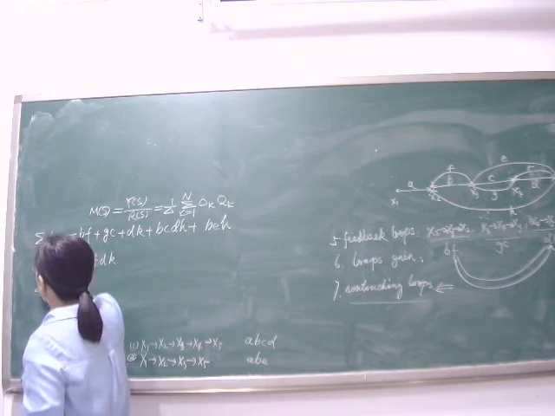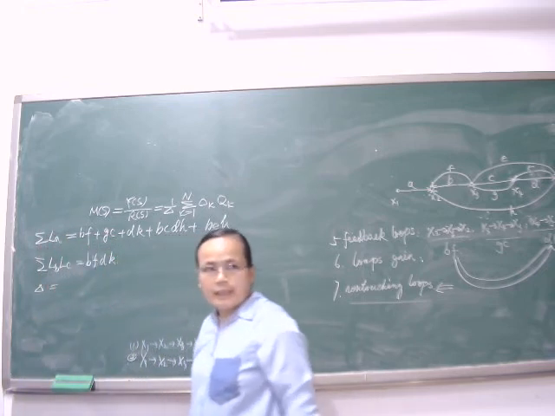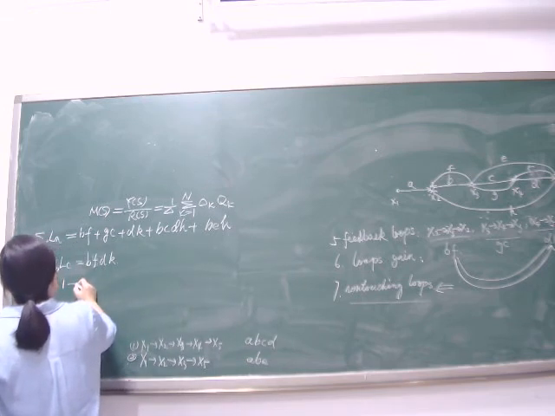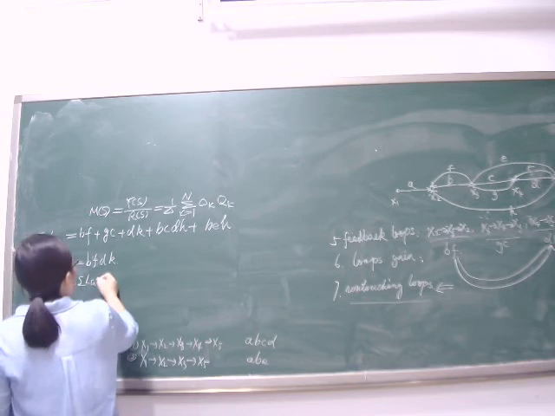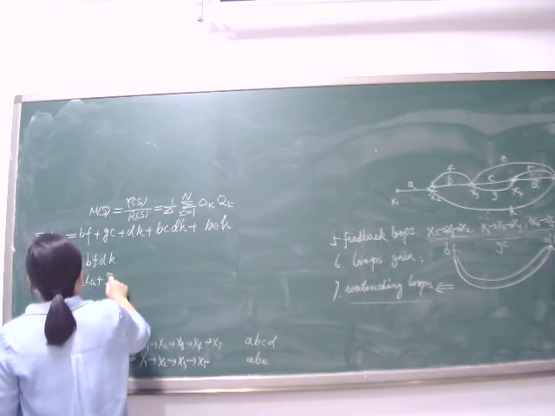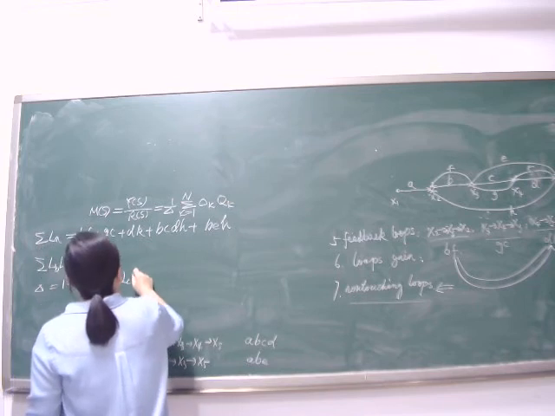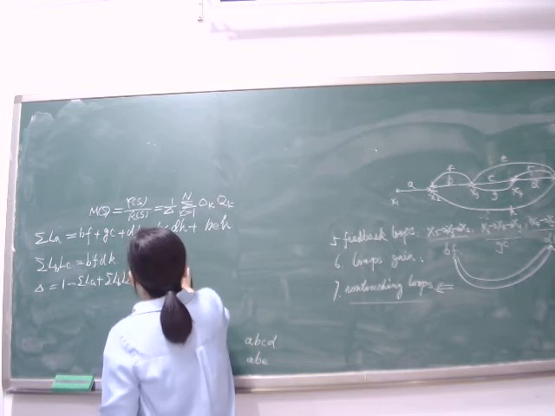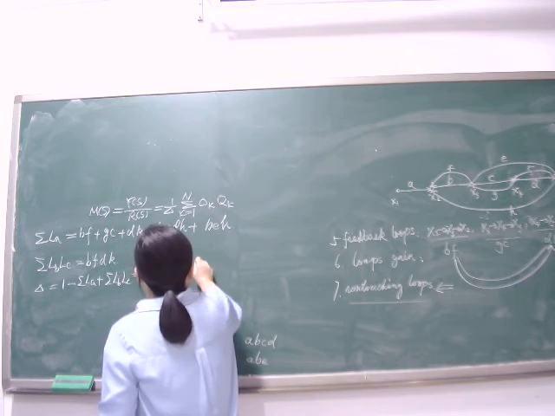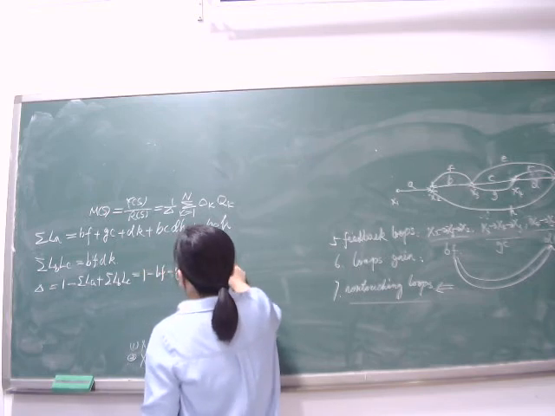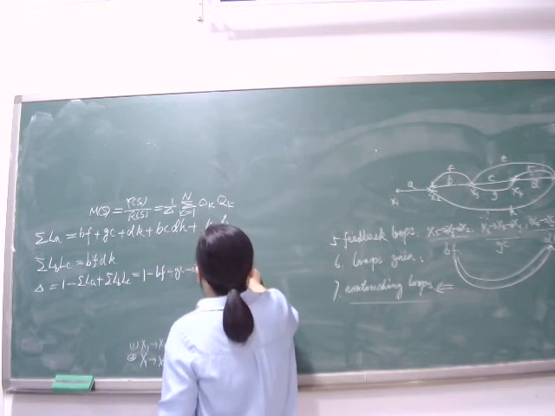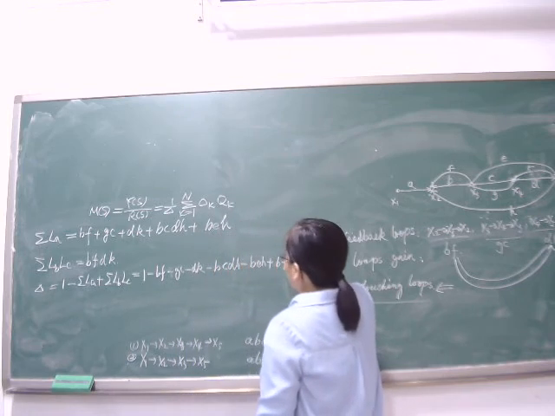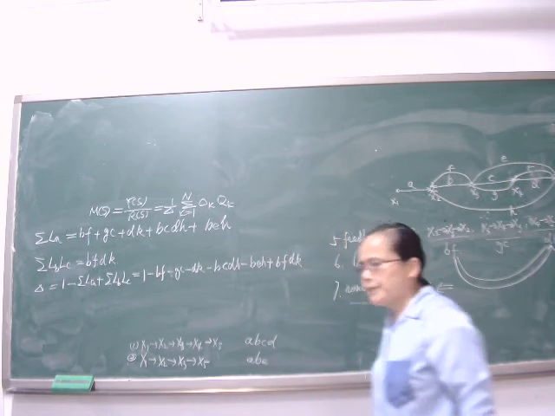So this delta equals 1 minus sigma L_A plus sigma L_B L_C, equal to 1 minus BF minus GC minus DK minus BCDH minus BEH plus BFDK. This is the delta.